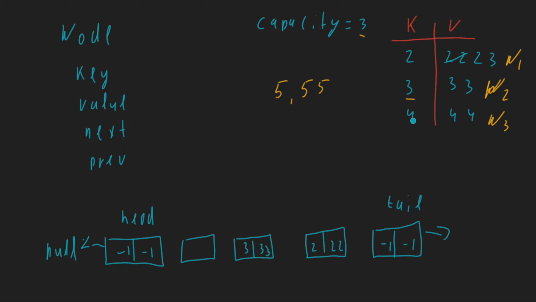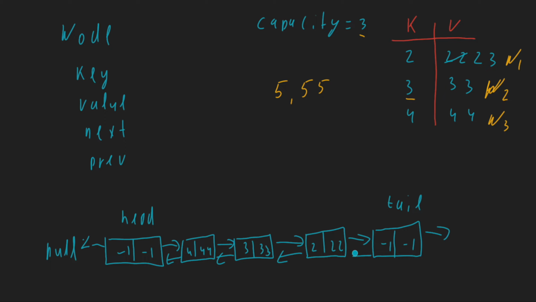So when we are adding a key and value, we are adding that next to the head. So we are adding 4 and 44, and our head points to 44, and they are pointing to each other here and here.